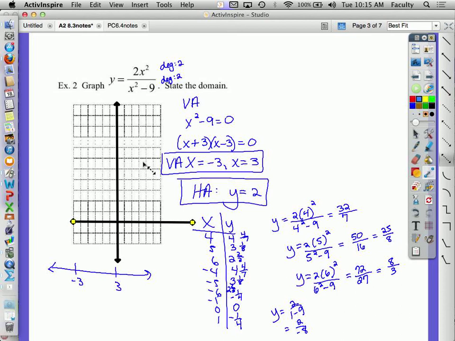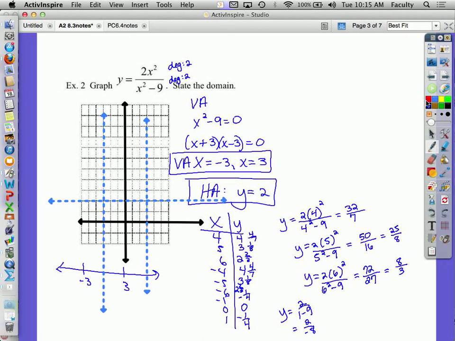I have 2 vertical asymptotes. I have x equals 3. I have x equals -3. And I had y equals 2. So this is what they were talking about in the earlier class. It's a lot of detail. It's not that it's difficult to do, it's a lot of work, okay?